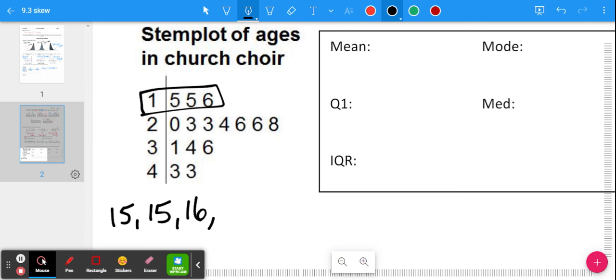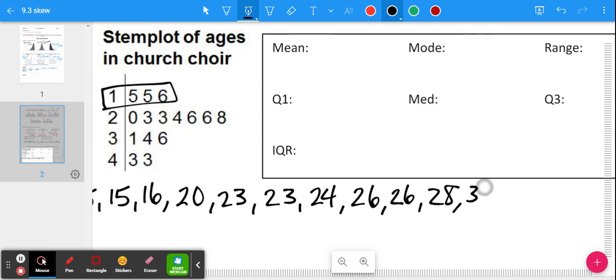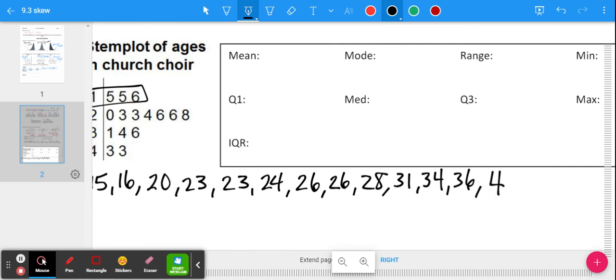Then your next one, we have 20, 23, 23, 24, 26, 26, and 28. And that takes care of that one. And then we have 31, 34, 36. And the last section is 2 43s.